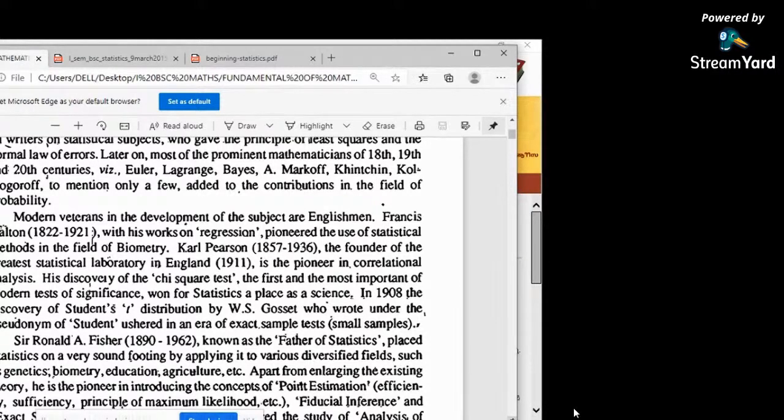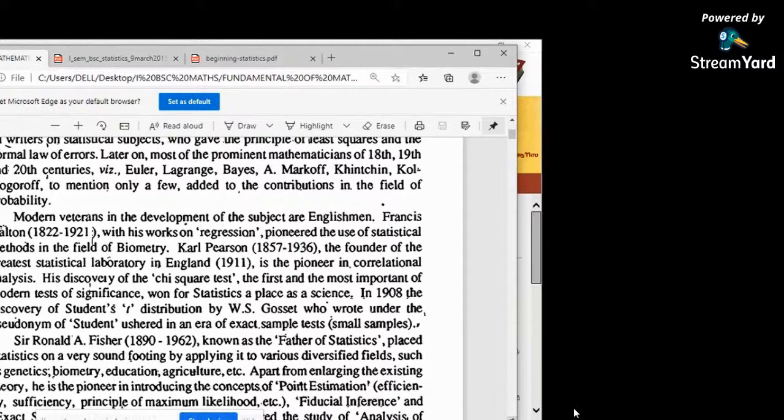At last, R.A. Fisher. Who is he? He is known as the father of statistics. Ronald A. Fisher is the father of statistics. C.R. Rao, he is living now, in America, USA.